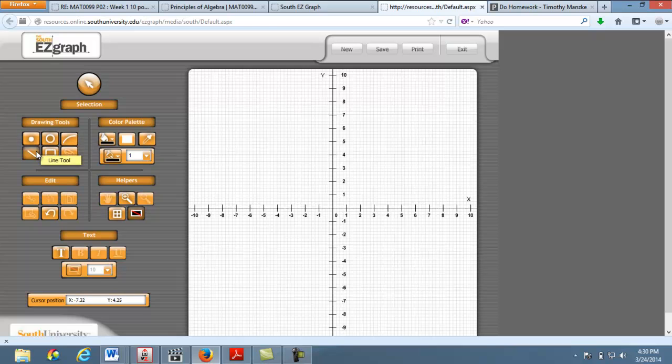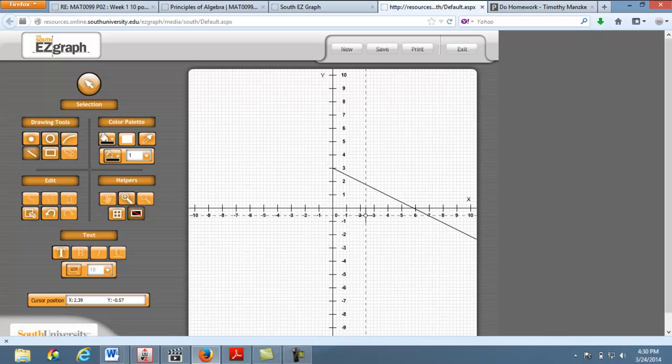Okay, so let's draw. I'm going to click and hold at (0, 3), and I want to go through the point (6, 0). It's a pretty good draw there.